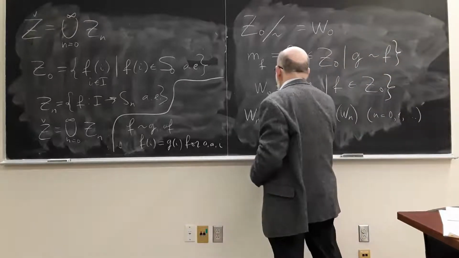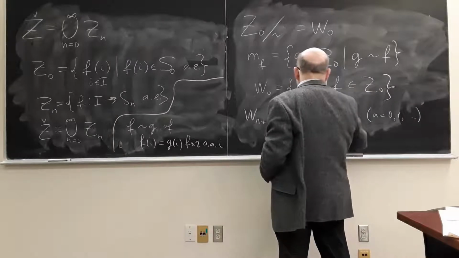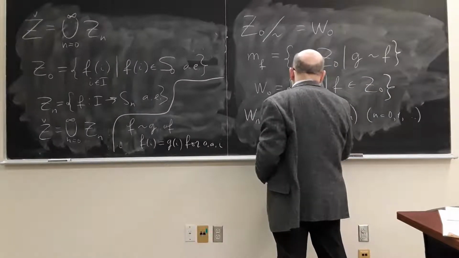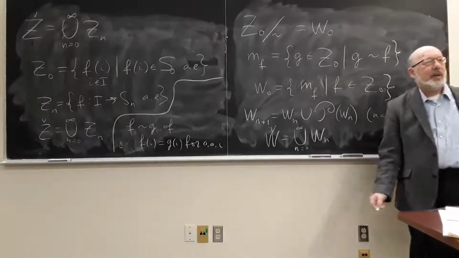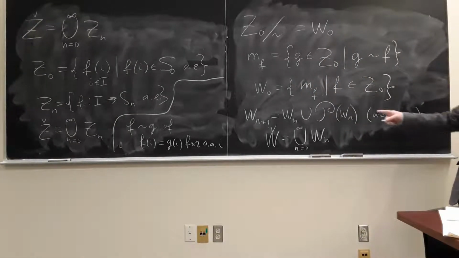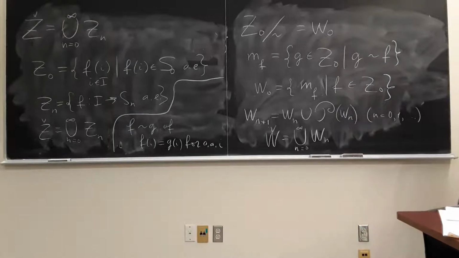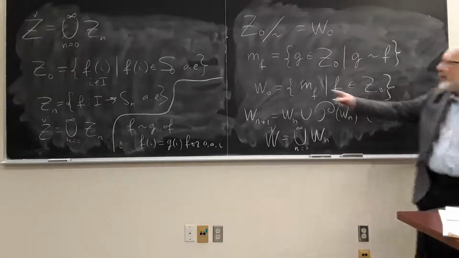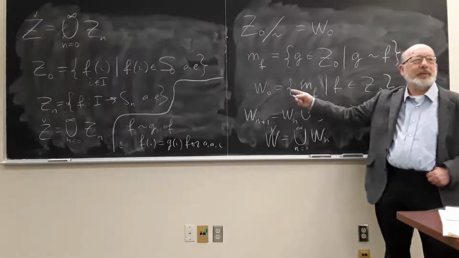And W-check equals the union of W_n, from 0 to infinity. So this is another superstructure whose basic set is W0.